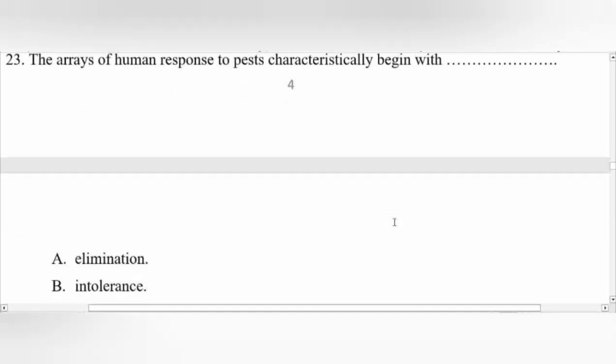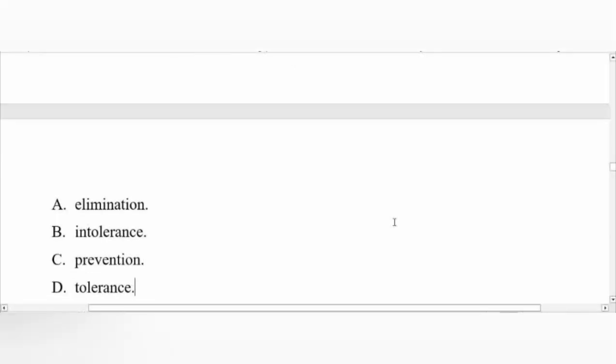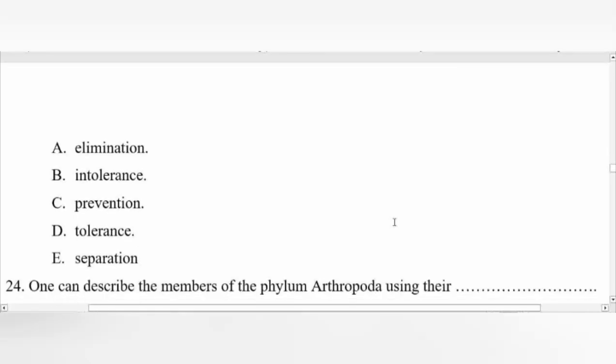Now, question number 23. The stages of human response to pests characteristically begin with what? A says elimination, B says intolerance, C prevention, D tolerance, and E separation.